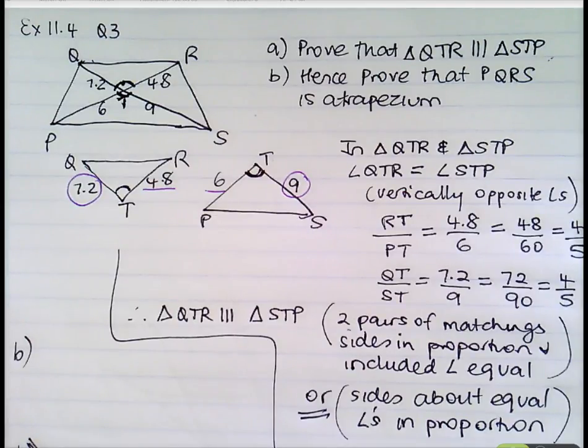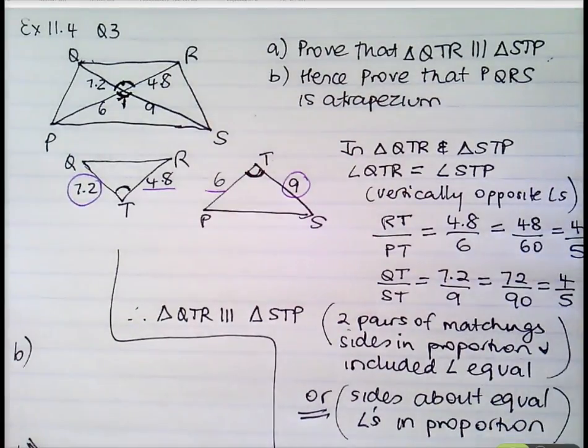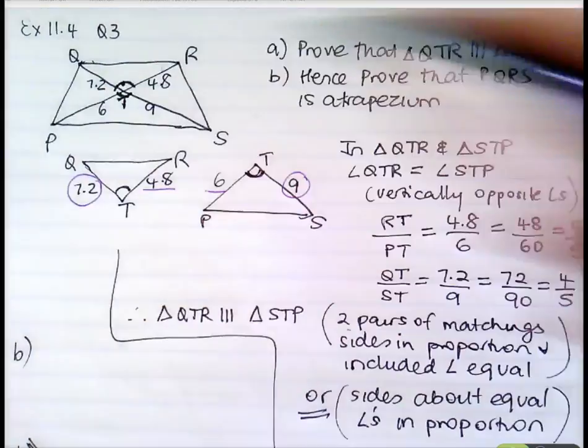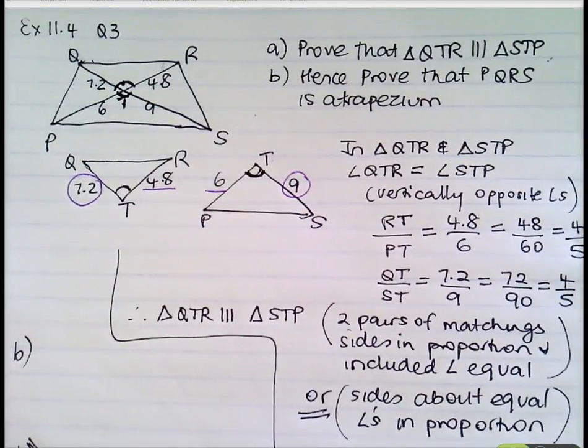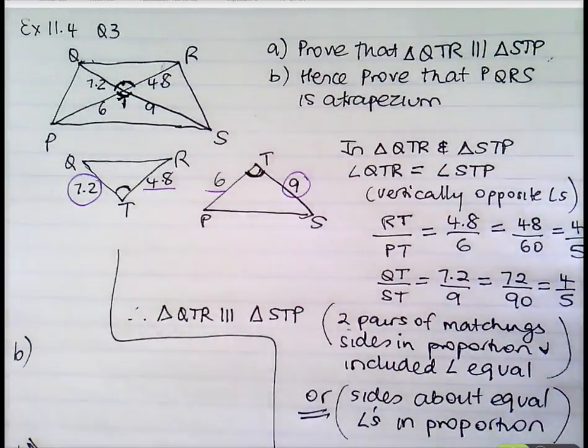It's going to be alternate, but before we say that, which two do you think are going to be equal? This angle here and that one there. But before we say that, you need to say why the angle at R and the angle at P are the same. So come back to the two triangles, ladies.